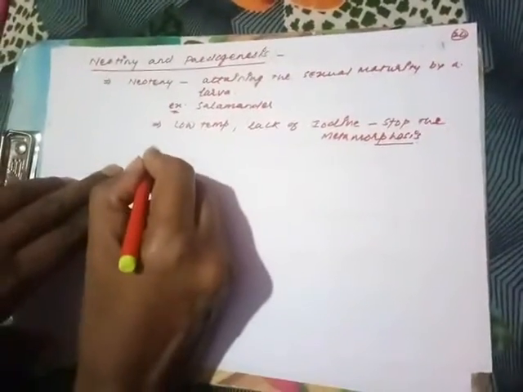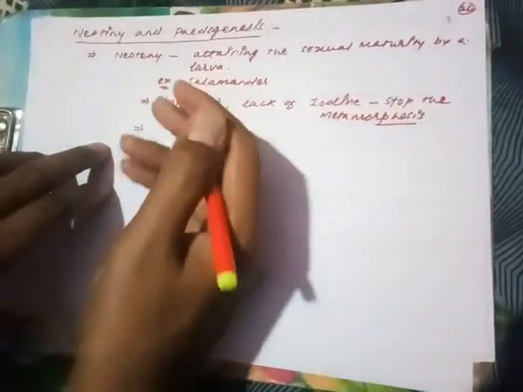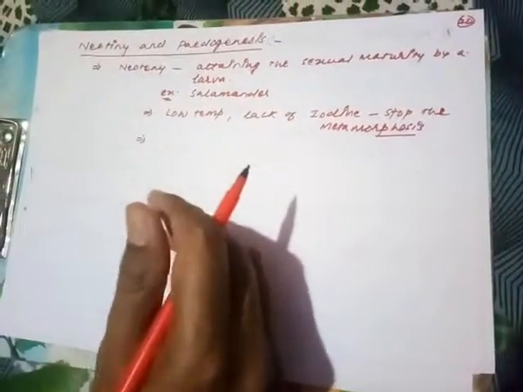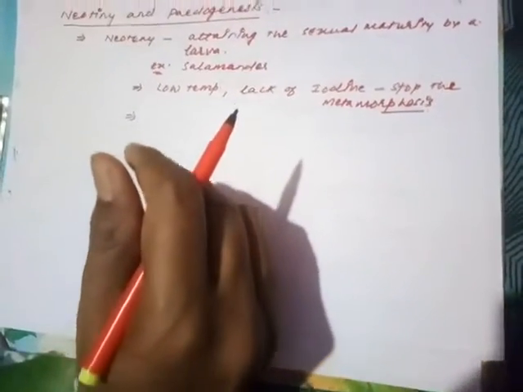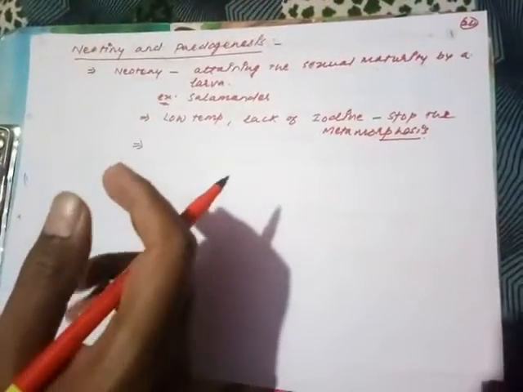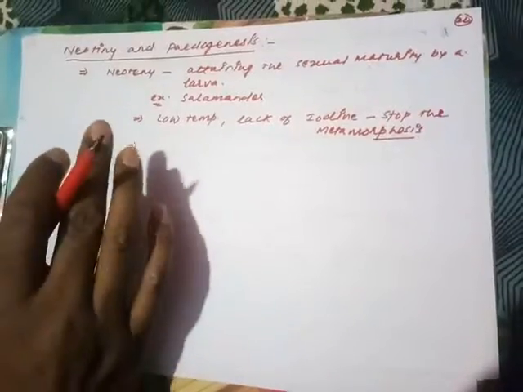But one more important point is that if the larva gets the proper conditions, proper temperature and the proper amount of iodine required for metamorphosis, they will again convert back into the adult. So is it clear to you all?